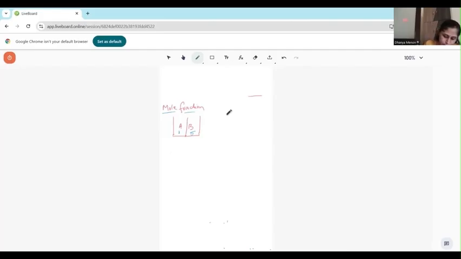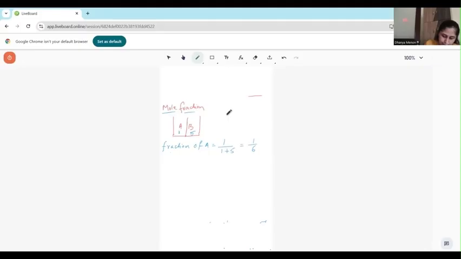So if I say fraction of A, that means 1 is the number of moles of A by the total number of moles. What is the total number of moles in the whole solution? 1 plus 5. That means 1 by 6. So 1 by 6 fraction of A is there in that particular solution.